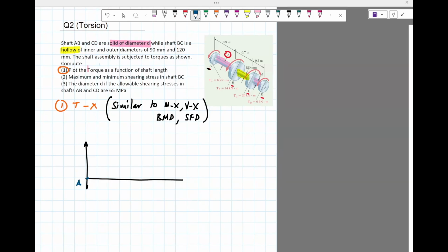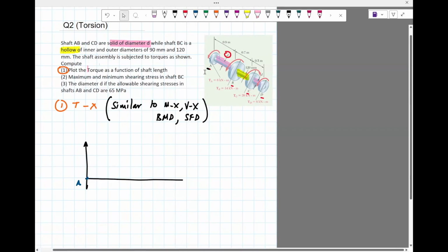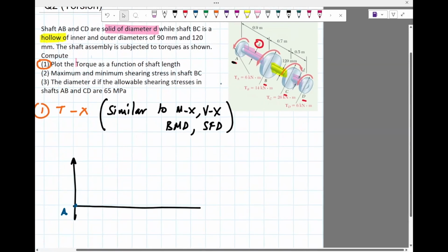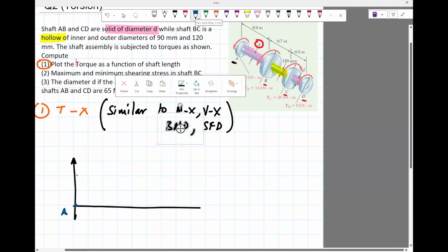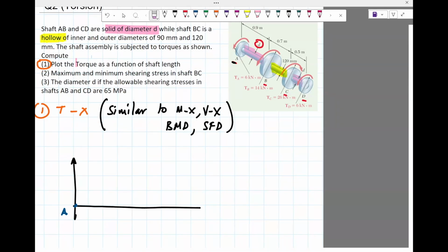At A we have a torque of, it looks like, 6 kilonewton meter. So let's assume counterclockwise is positive. Here there are no real consequences of assuming any particular sign convention. Usually counterclockwise is taken to be positive. So this is 6, and it stays 6 till you reach B.